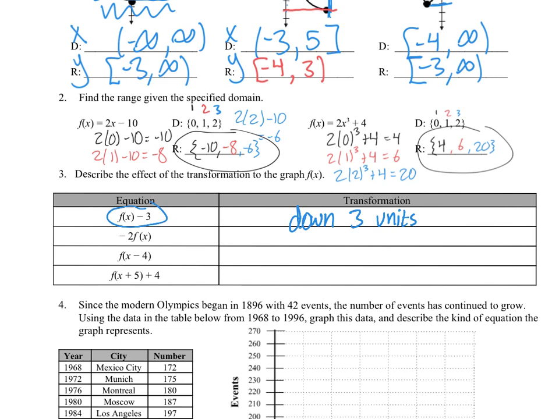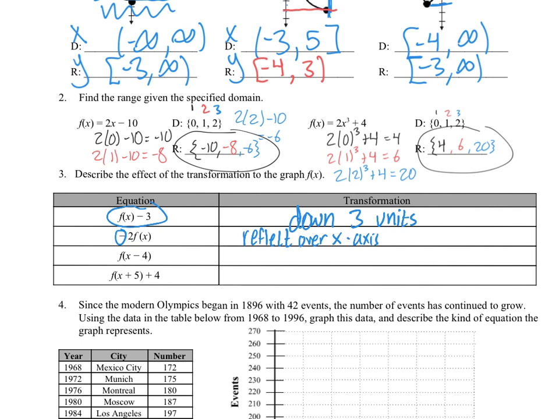Okay, this negative on the outside is affecting the y, but when y values go from positive to negative, it flips over the x-axis. So reflect over x-axis. Remember, just because the y values are affected does not mean it's reflecting over the y-axis.